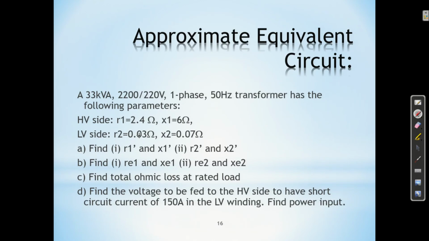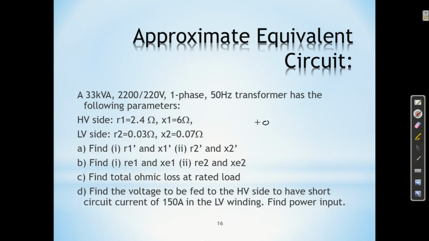You can calculate separately the current in both sides, then that current squared into the corresponding side resistance, and add it up. Or you can just calculate the current on one side, say the low voltage side, and that current squared multiplied by the low voltage side referred effective resistance will give the total ohmic loss. What I mean is, you have the circuit.